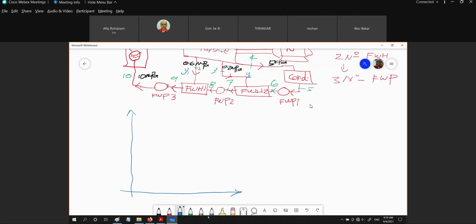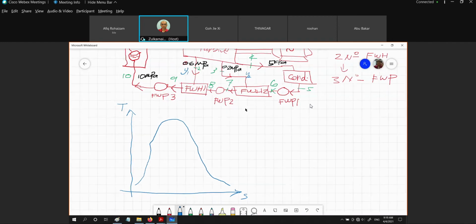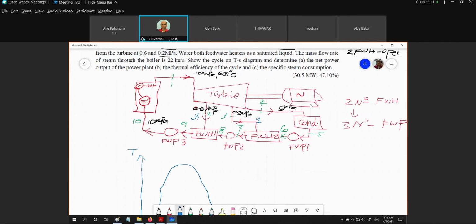TS. All right. But bear in mind, for the states of expansion, state 2, state 3, and state 4, we are not sure whether it's going to be superheated or mixture, right? But we need to get a guide.